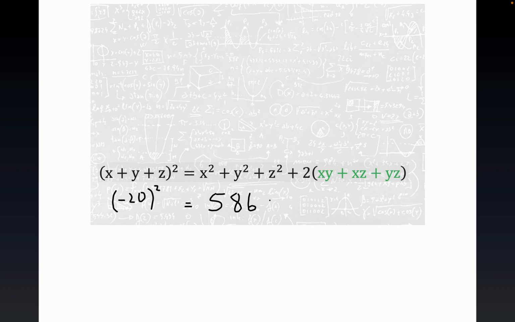So plus 2 times the sum xy plus xz plus yz.